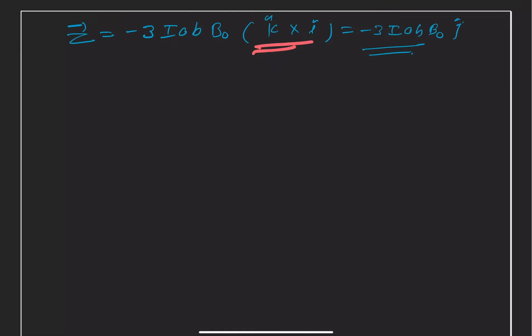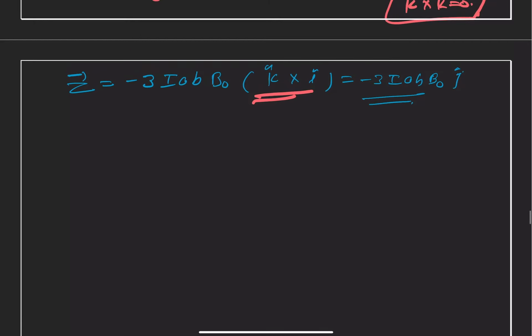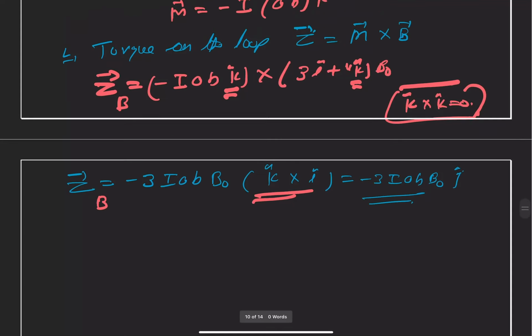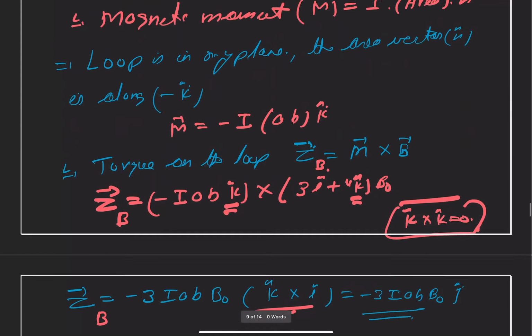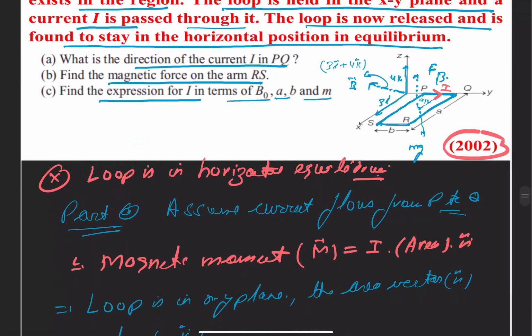Now the torque due to gravity acts along the hinge of PQ. So we have two torques. This torque is because of the magnetic field, so let us write tau B. Here I mentioned the force earlier, but it should not be force, it should be the torque.